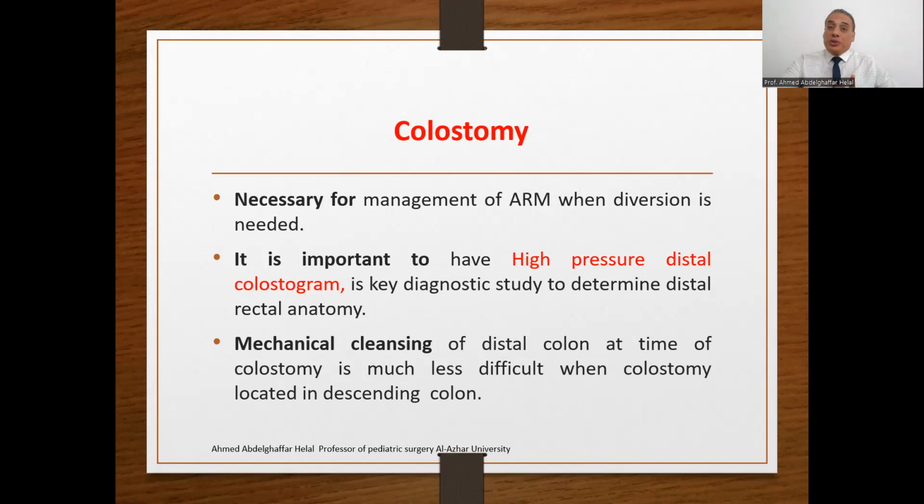It's very important after colostomy to perform what's called high pressure distal colostogram, which is a key diagnostic study to determine the distal rectal anatomy and the urinary fistula. Also, mechanical cleaning of the distal colon is very important at the time of the colostomy.